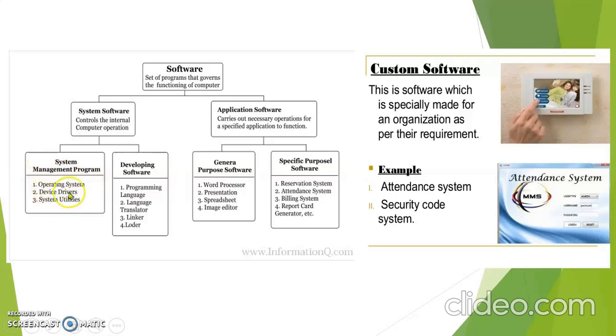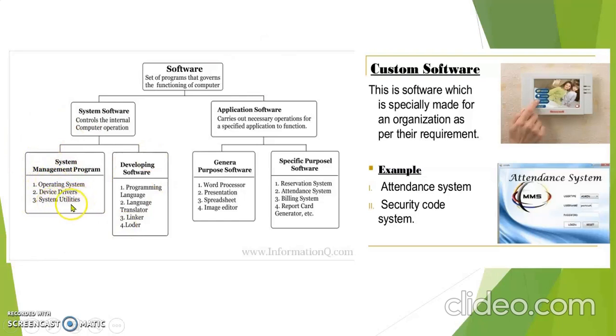Now talk about device driver. Any device you connect with your CPU needs some driver software. Without you installing the driver in your PC, you can't operate the device very properly. Now talk about system utilities.